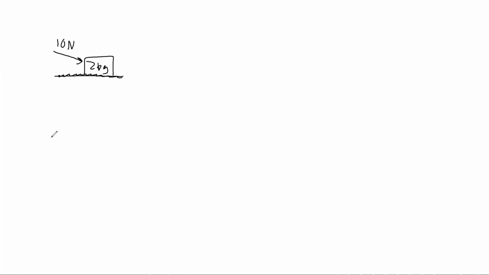Well, now if you draw the forces, same numbers and same coefficients, but now you still have mg down, and it's still the same 19.6. But now we've got a push downward.